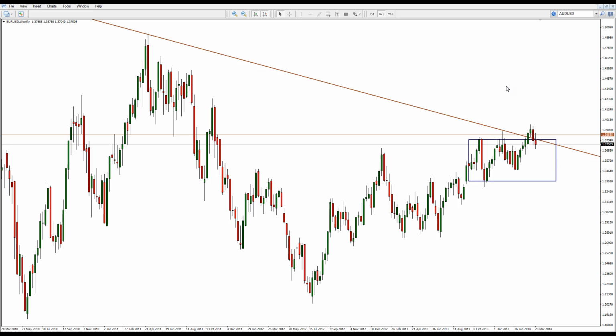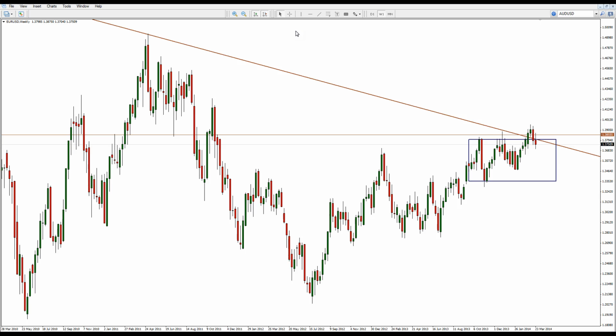Obviously we are seeing within this consolidation a little bit of traffic and two or three very important, very strong levels that will give us a very slow and very weak momentum.